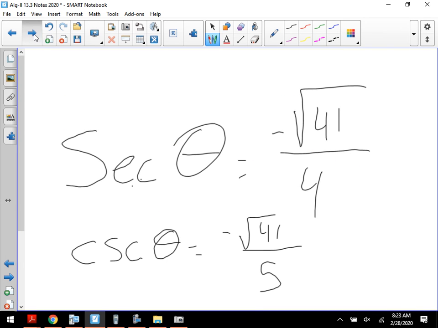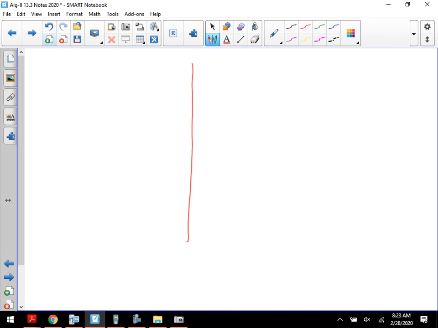Here's what happens. When we go through our grid, remember this? Tangent of y over x equals sine over cosine.